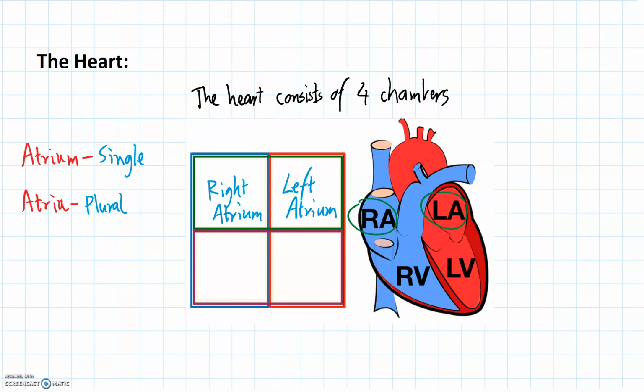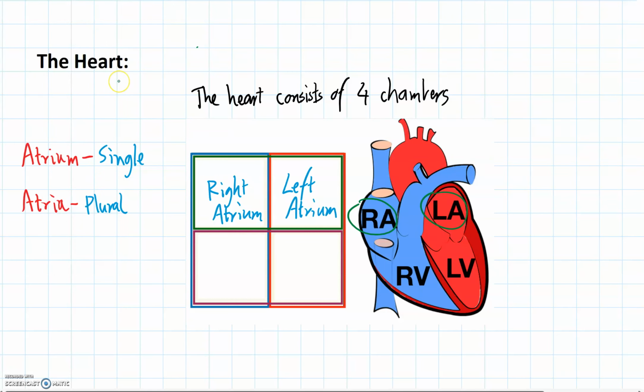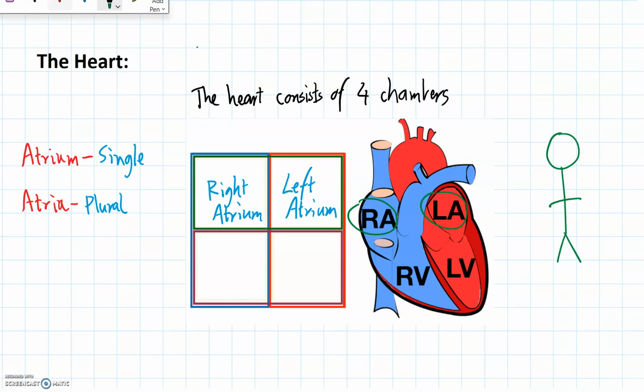So straight away you might be thinking, hang on a minute, the right atrium is on the left and the left atrium is on the right. And that's true. So the problem with the heart is that the way scientists and doctors have labelled it is from the perspective of the animal. So if we have a person here and we're looking at that person, then their left is on the right.